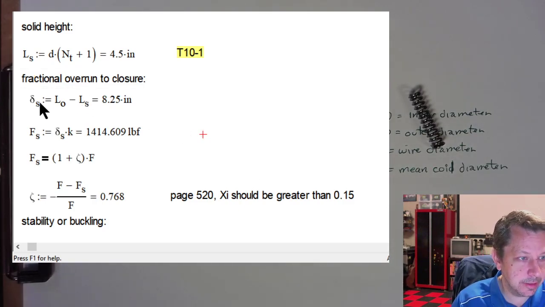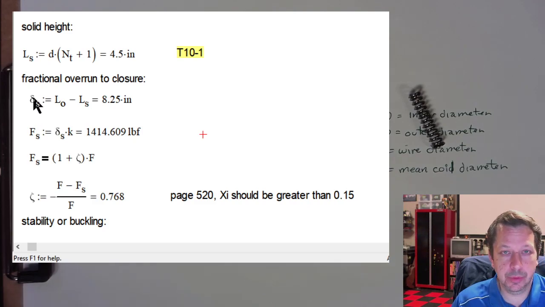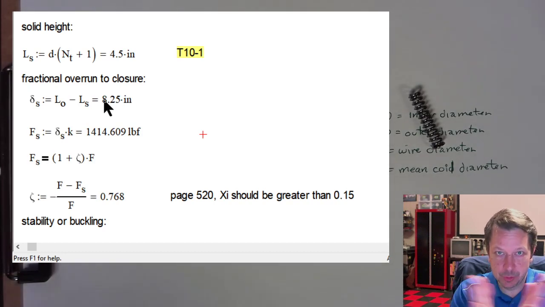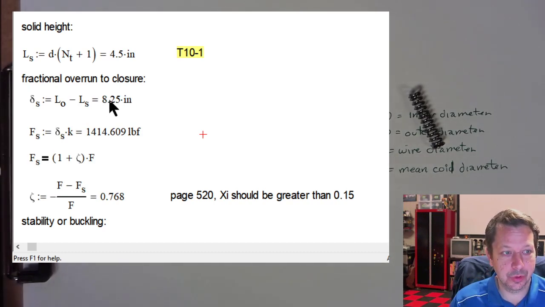So what we did here is we figured out how much you have to compress the spring to get it to close. So here's your free length, here's the length it is when it's closed. So this is the 12 3/4, this is the 4 1/2, and you just subtract them. So you have to deflect or squish the spring 8 1/4 inches to get it to close.